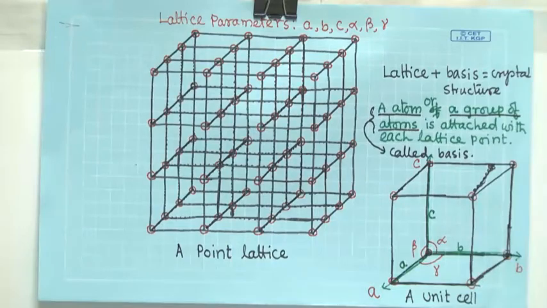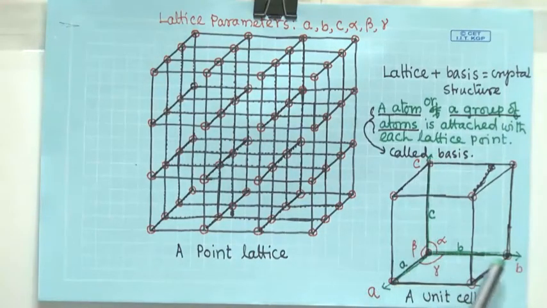So, if you know about one unit cell, you will know about the whole crystal material. When we say that we want to know the crystal structure, that means we want to know the unit cell of the crystal. How do we define the unit cell?